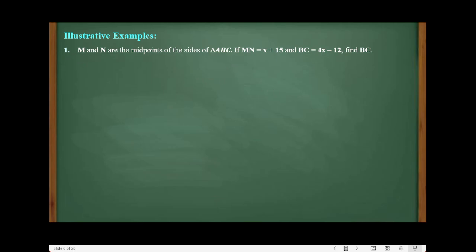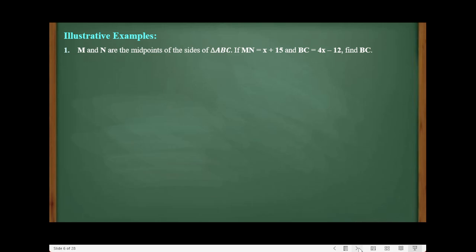A segment joining the midpoints M and N is segment MN. So obviously, ito ay midline. And according to the given, MN has a length of x plus 15, and BC has a length of 4x minus 12. Now, we are going to find the length of segment BC.